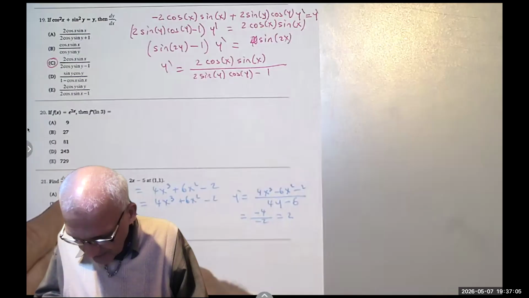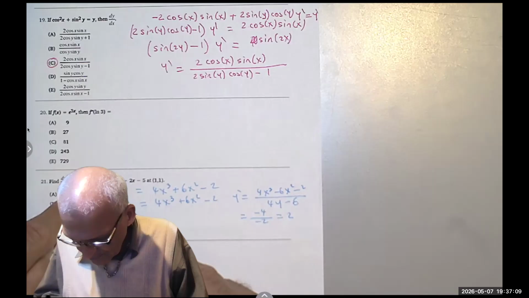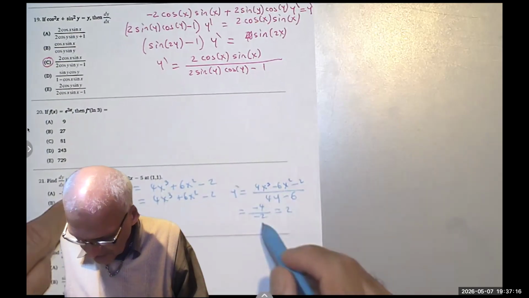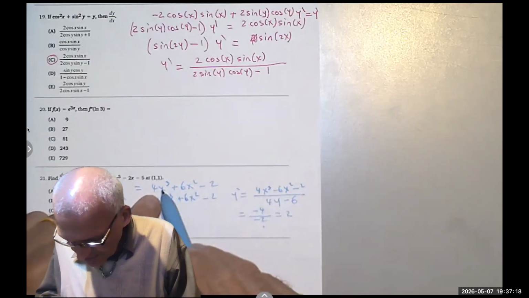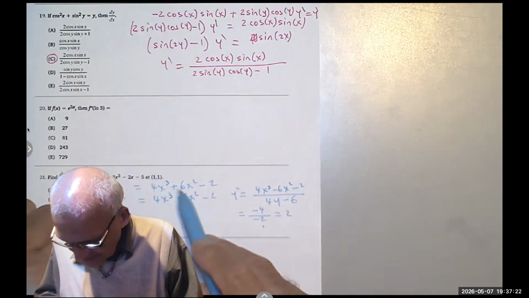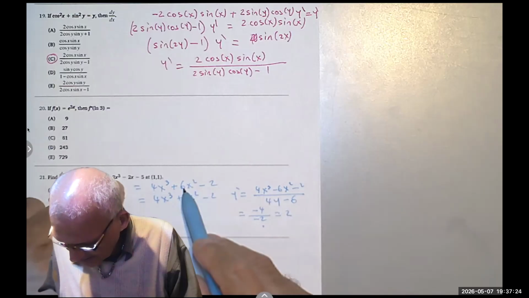4y prime minus 6y prime. So the denominator is 4y minus 6, meaning negative 2. So that's correct. What about the numerator? You get 4x cubed, that's 4, plus 6x squared, that's 6, so that's 10.